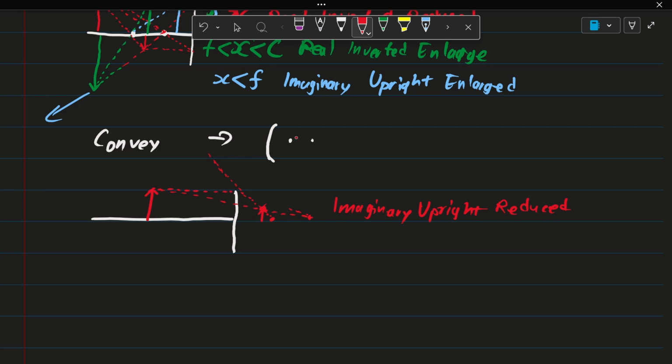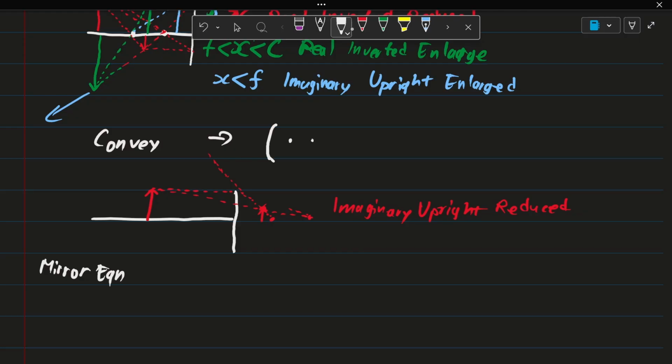So that's something interesting. Now let's try to develop a better understanding of mirrors. We have one thing which we call the mirror equation, and we'll try to derive it.